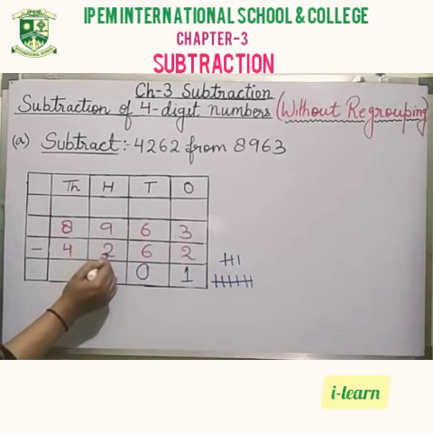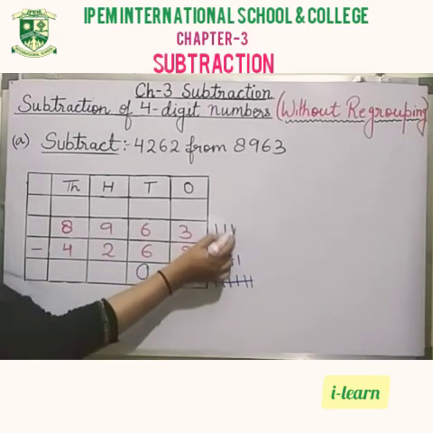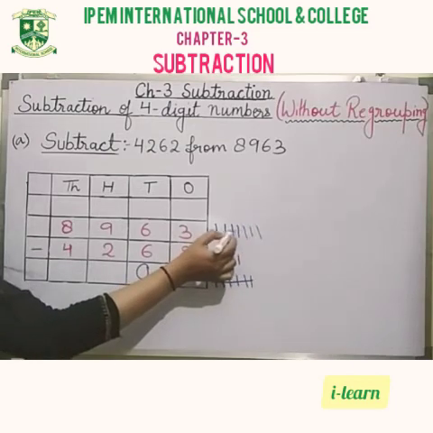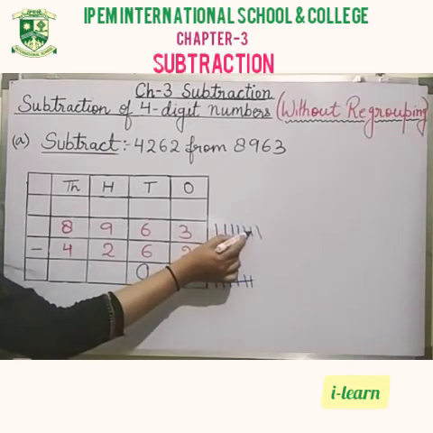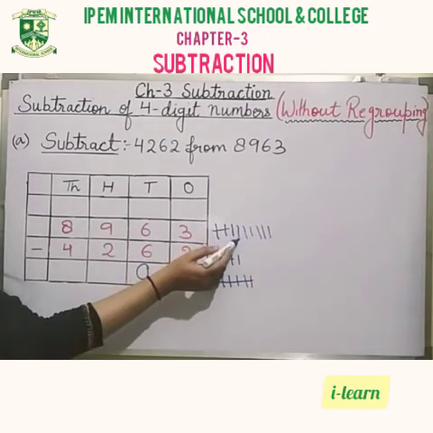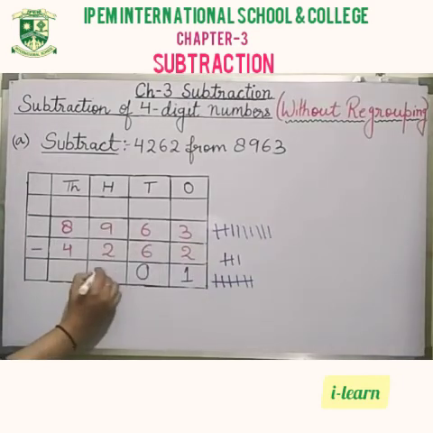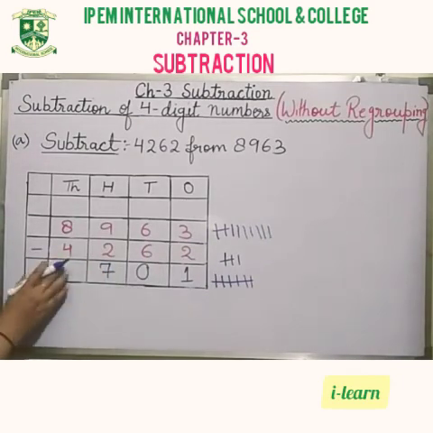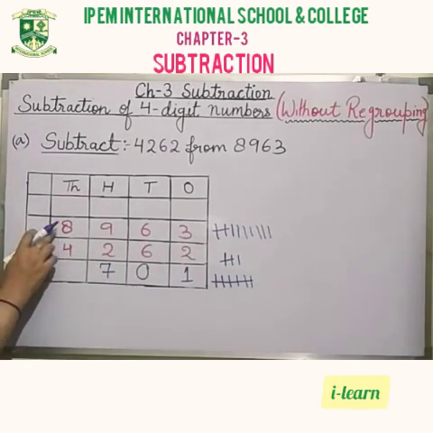Then subtract 2 from 9. So draw 9 lines, and strike 2 lines. How many lines are left? 1, 2, 3, 4, 5, 6, 7. 7 lines are left here. Now we will subtract 4 from 8.